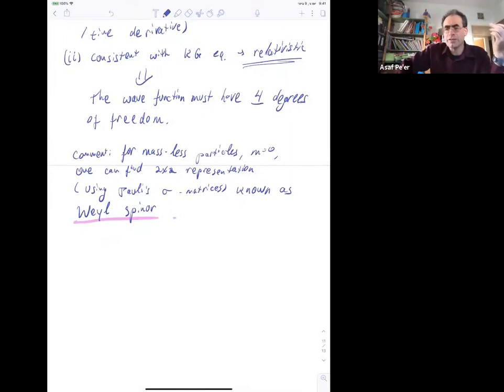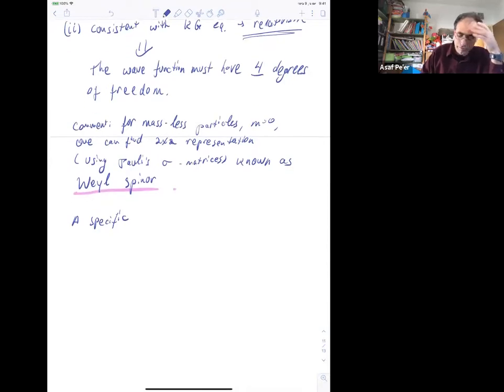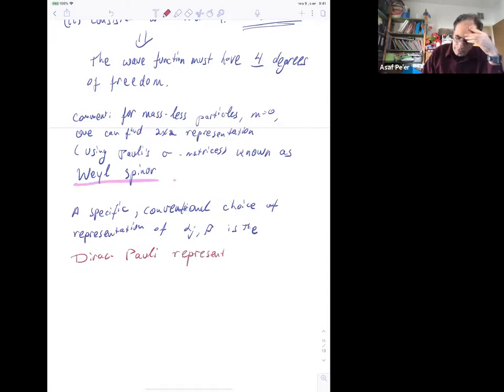There is more than one form, but the one that is used is the Dirac-Pauli representation, a specific conventional choice of representation of alpha_j and beta, which is based on the Pauli spin matrices.